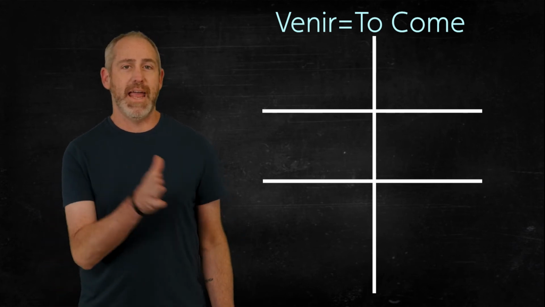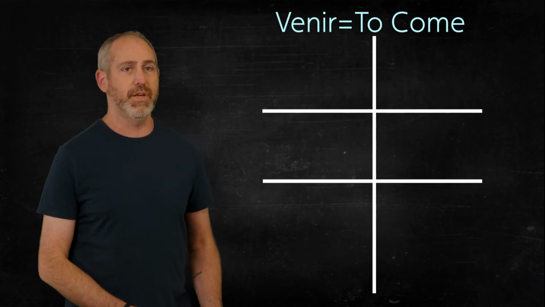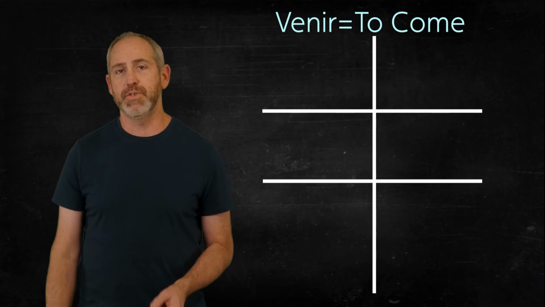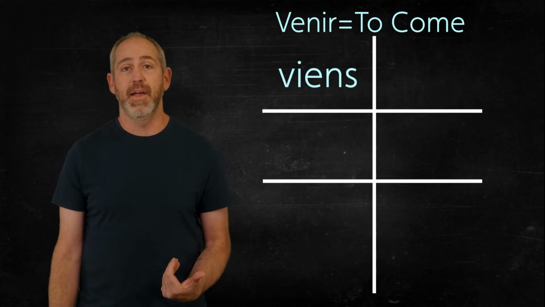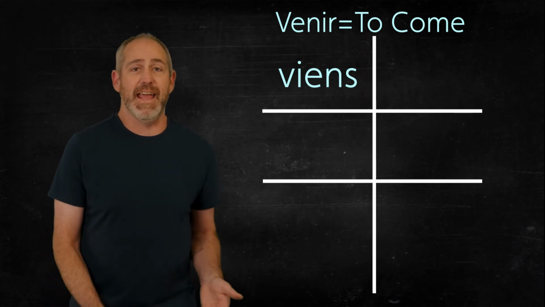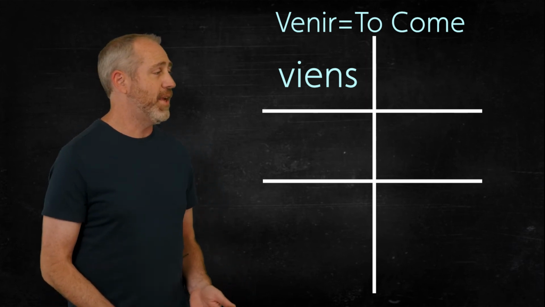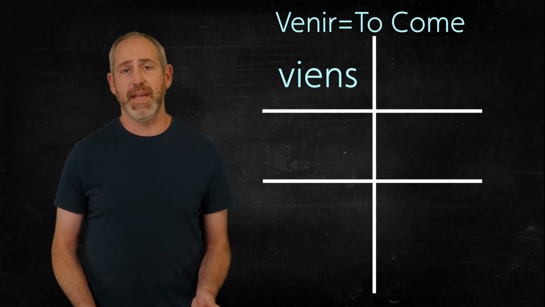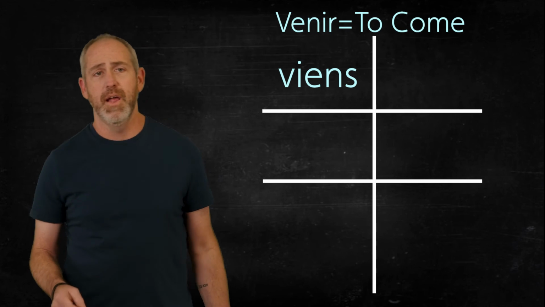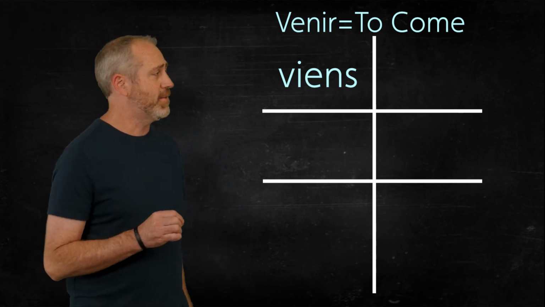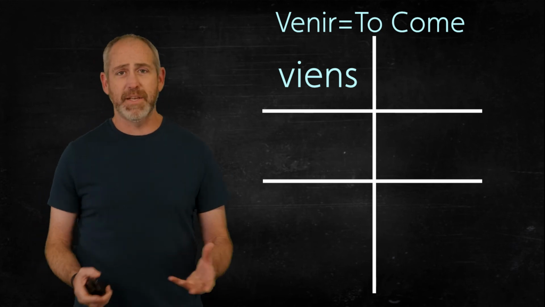So verbs that are like venir are going to be similar to these conjugations here. Let me give you the conjugations of these really quick. First of all, je is going to be viens, V-I-E-N-S. So that's pretty different, okay? And so that is definitely a strange type of change. We're just completely changing the middle there, putting that I in there and changing the ending to S. So it's kind of a big change.